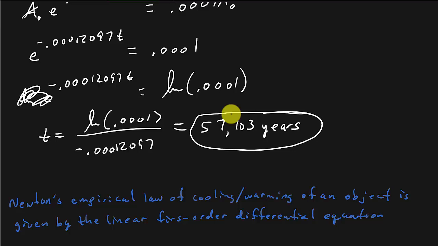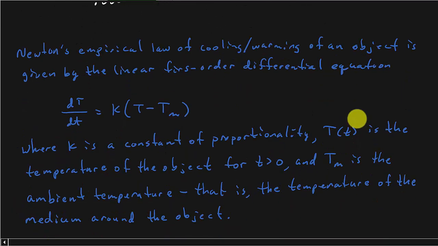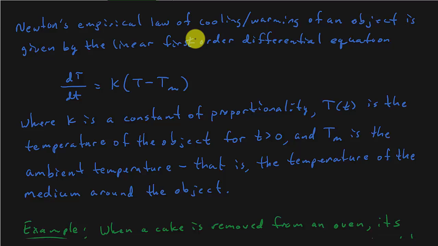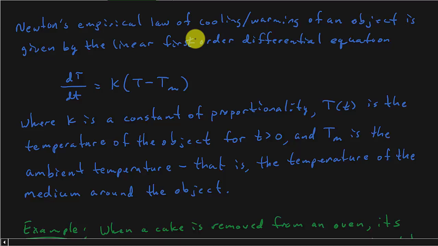All right. So let's move right along. Newton's empirical law of cooling, warming of an object is given by the linear first order differential equation dT/dt is equal to k times (T minus T sub m), where k is a constant of proportionality.